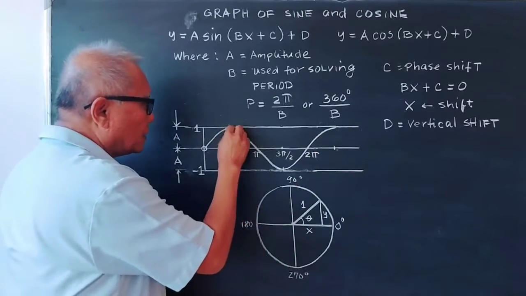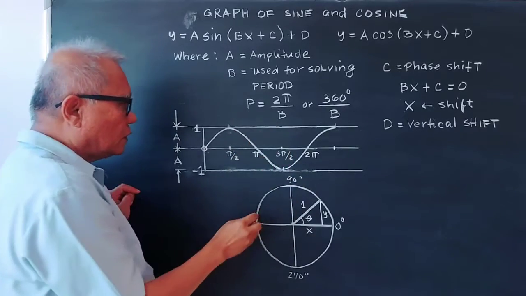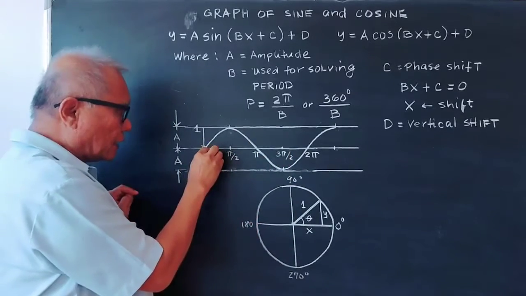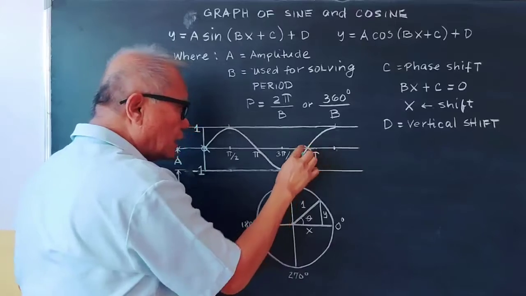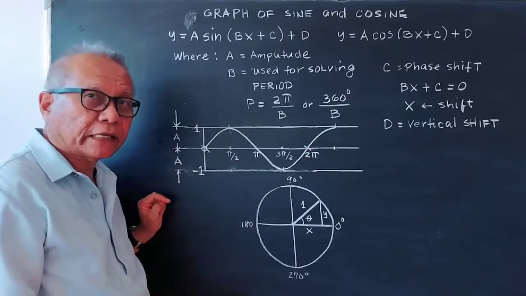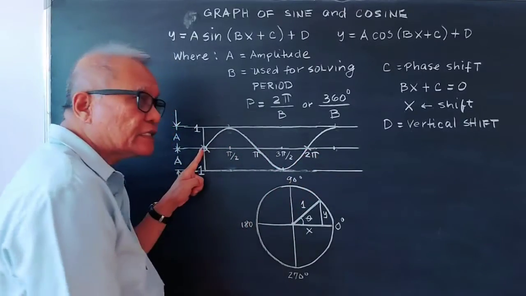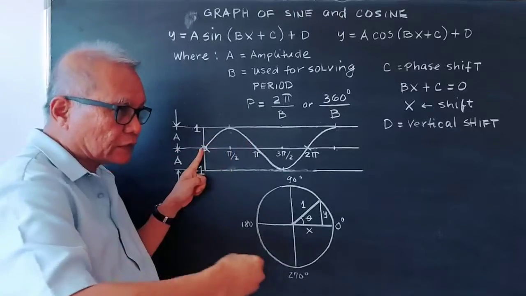So from here up to here is a period, or from here up to here is a period. A period is one cycle. So here, like that, we have one cycle or one complete circle.